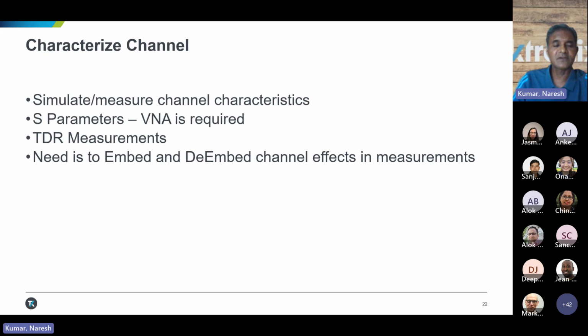Either the equalization is not properly applied, or your channel is distorting the signal too much, or your transmitter output itself is flawed, right? So you want to make sure you can identify where the impact is coming from, and you would like to be able to embed and de-embed the channel effects in the measurements. To do that, you need a well characterized channel. So that's the reason S parameters and TDR measurements are important.